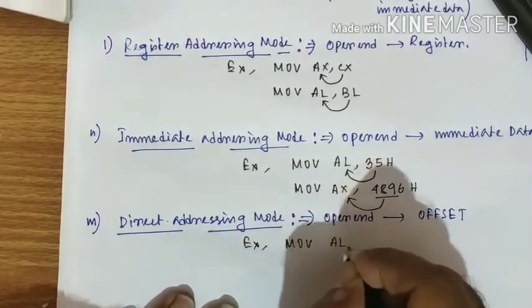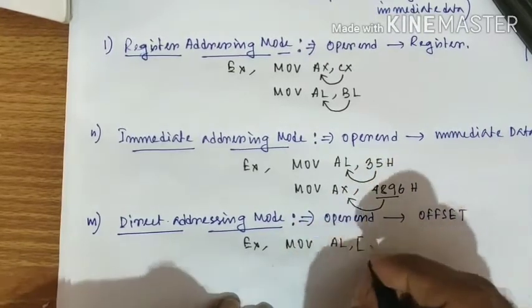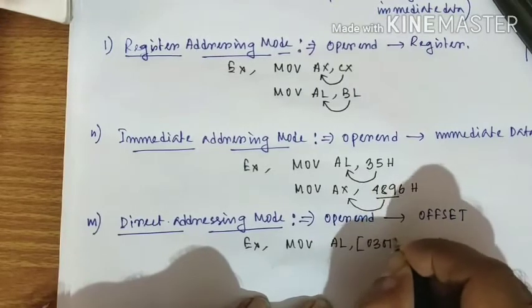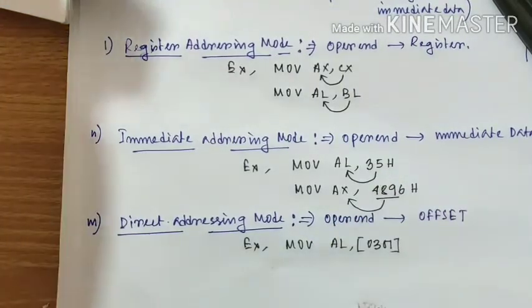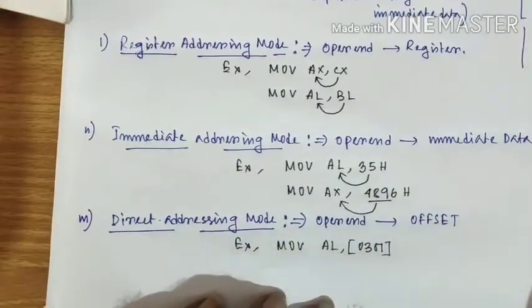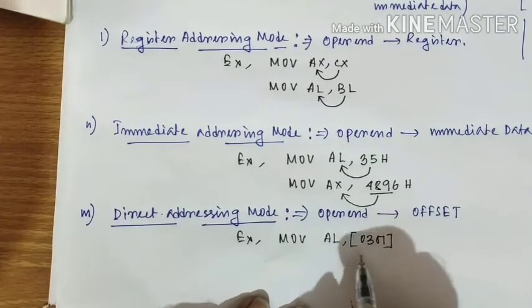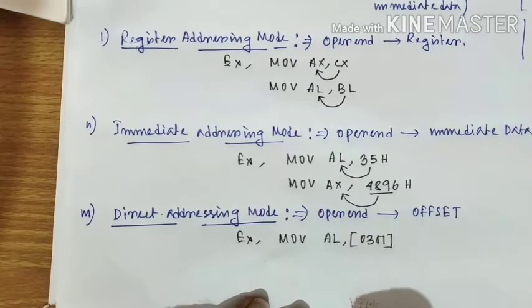Move AL, second bracket 0301. So this is something interesting. What does it mean? First of all, if I write anything within this second bracket, it represents I am talking about offset address.